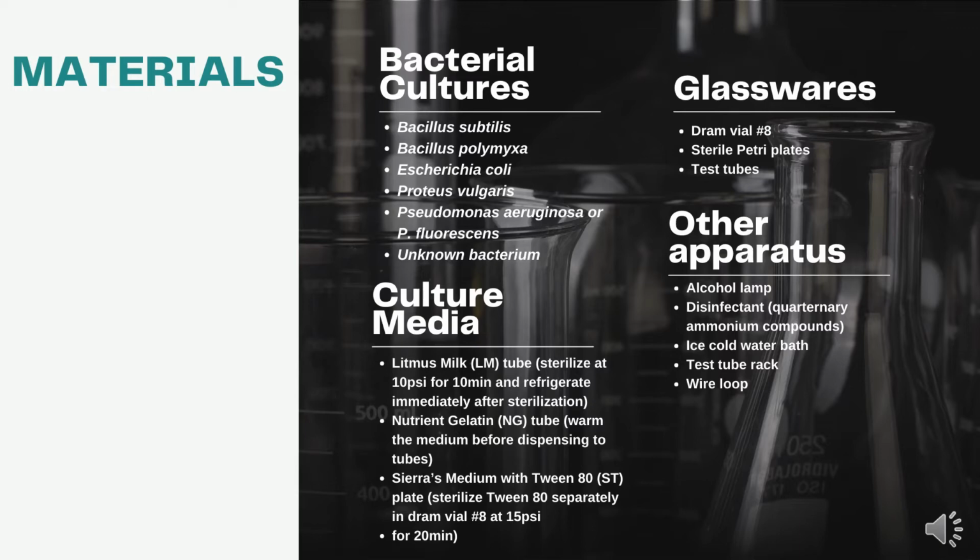For the culture media, this includes litmus milk tube, nutrient gelatin tube, and skim milk agar plate. For the glassware: dram vial number 8, sterile petri plates, and test tubes. The other apparatus includes alcohol lamp, disinfectant, ice cold water bath, test tube rack, and wire loop.